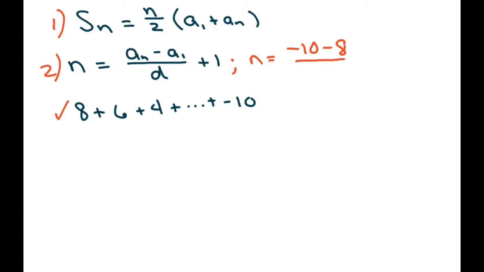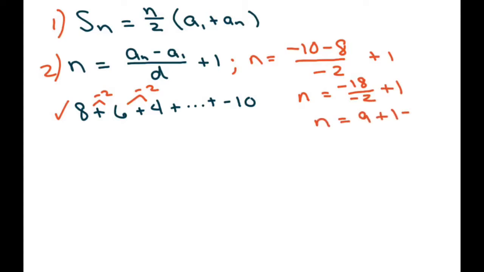My common difference, we're going down by 2, so it's negative 2. Then we add 1. So our number of terms is negative 18 over negative 2 plus 1, which equals 9 plus 1, which equals 10. So our n equals 10.